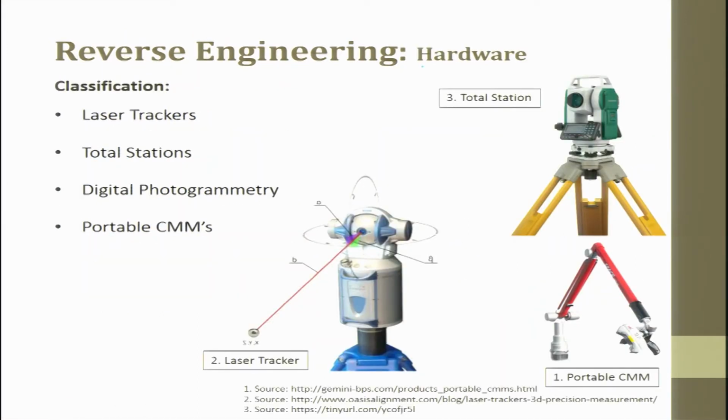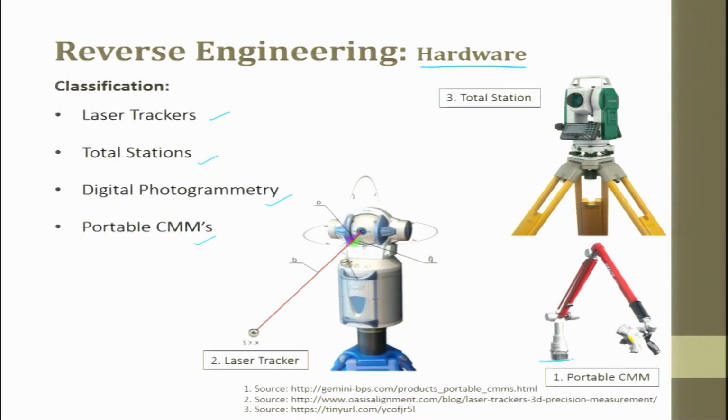When you look at the hardware, it is classified into four types. One is the laser tracker, then the total station, the third one is digital photogrammetry and the last one is the portable CMM. This is what a portable CMM is.